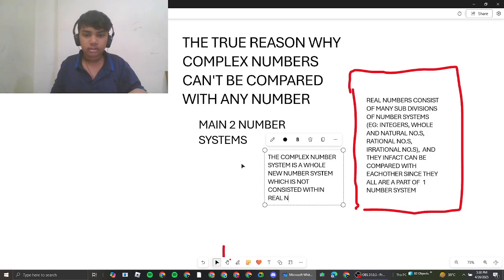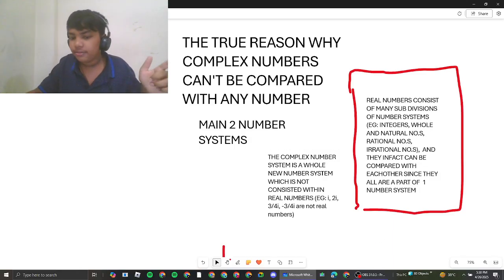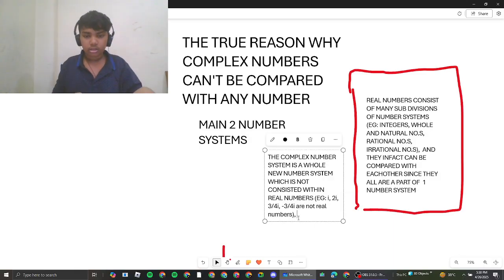For example, i, 2i, 3/4i, minus 4/3, minus 3/4i are not real numbers. But 5 is a real number, 6 is a real number. However, 5, 6, 7, minus 9, etc. are real numbers. Okay? Understood that?